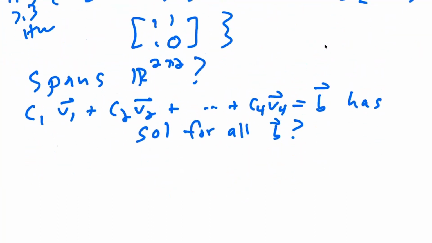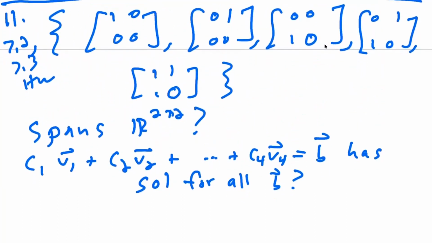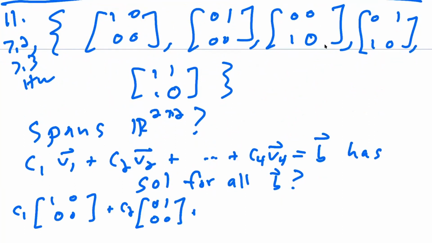So I'll write it this way: C1 times 1 0 0 0 plus C2 times 0 1 0 0 plus C3 times 0 0 1 0. Oh, and it's 5. I should have done 5. My bad.